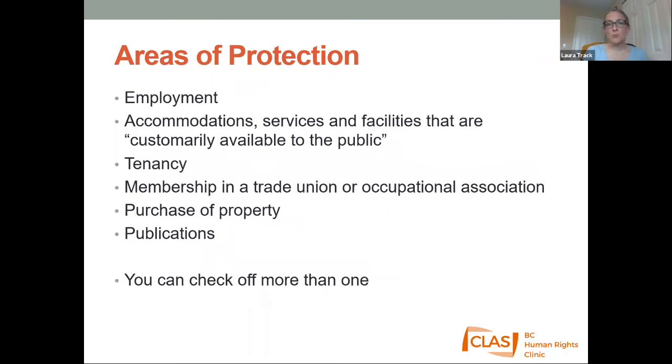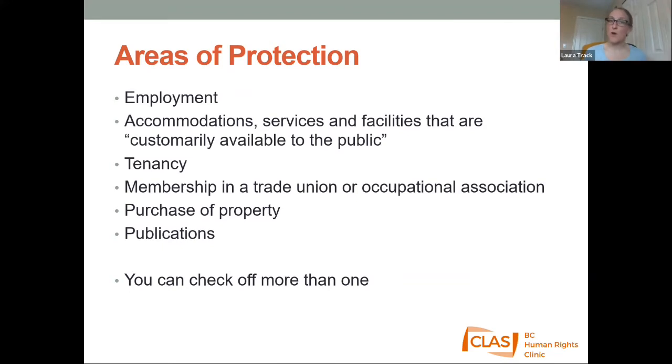The Human Rights Code protects us in these key areas of daily life. So the next thing you're asked on the complaint form is, where did the discrimination take place? The code applies in the context of our employment, in the context of our access to accommodations, services, and facilities that are, quote, customarily available to the public.